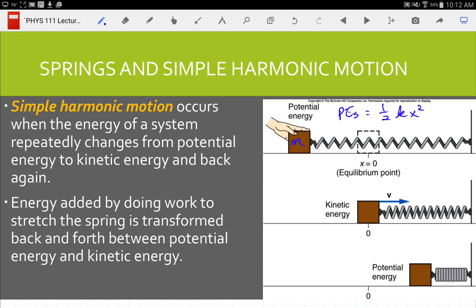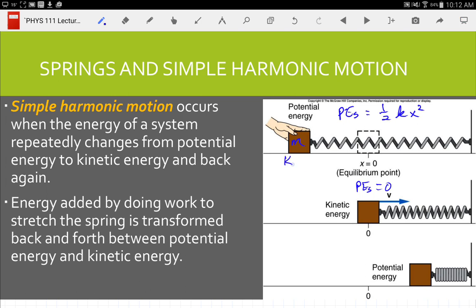If you let go, what's going to happen? It will compress, it will come back to its equilibrium, returning that energy from potential into what kind of energy? Kinetic. So when it's at its equilibrium position, here the potential energy of the spring is 0, and you have all kinetic energy.